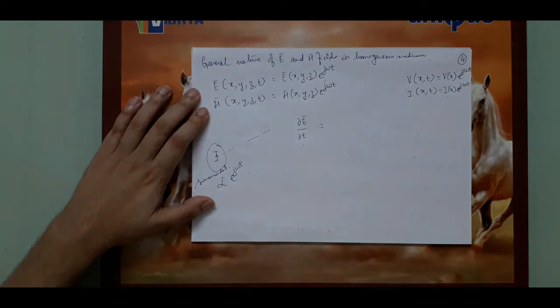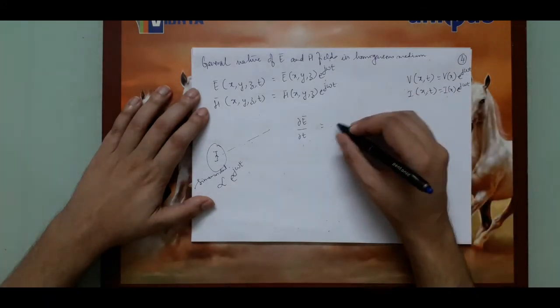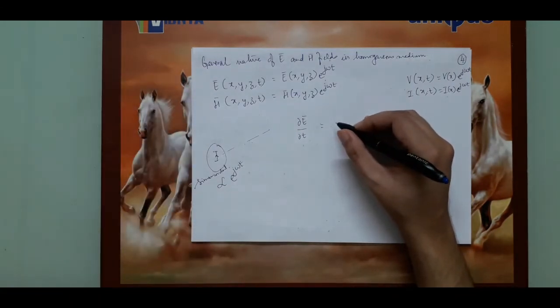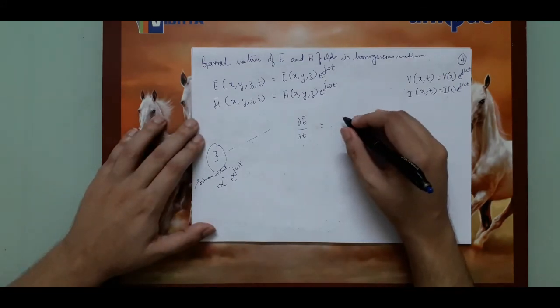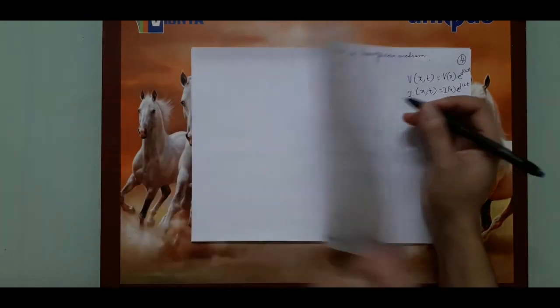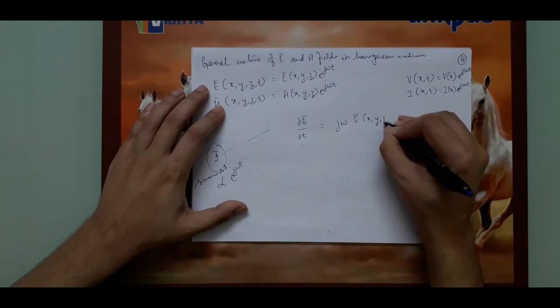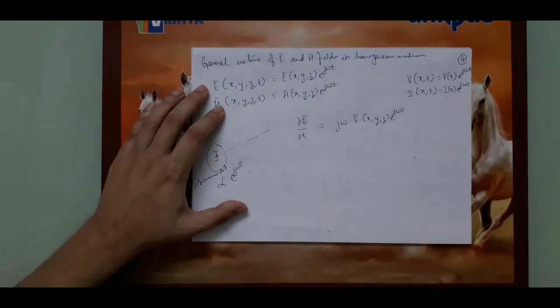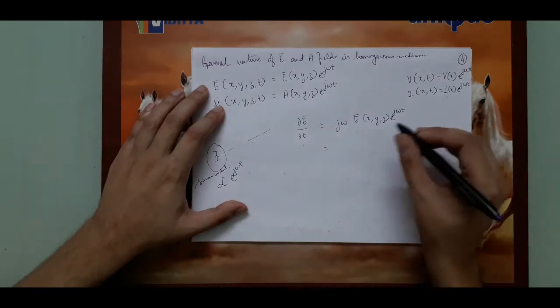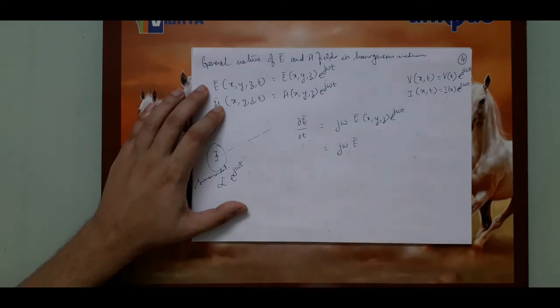So I will get something like, that is nothing but the whole electric field vector.